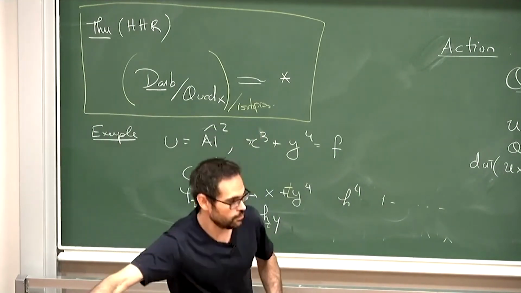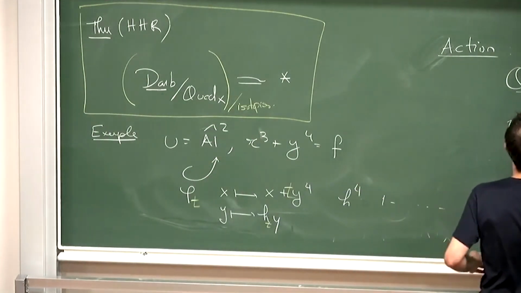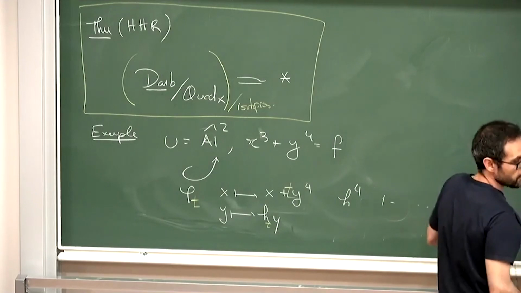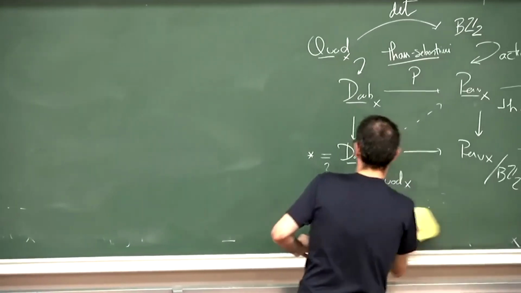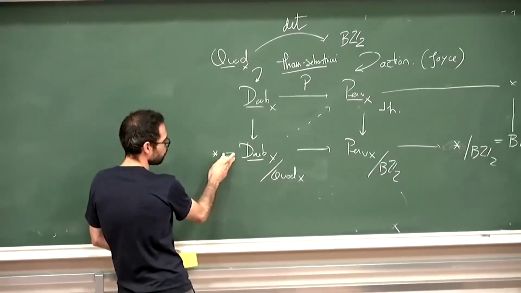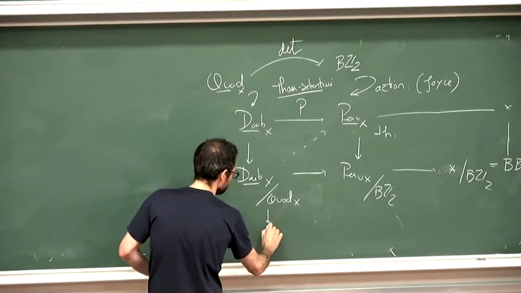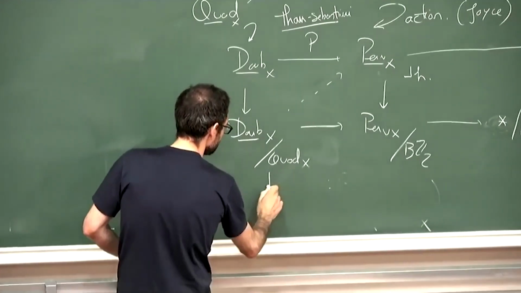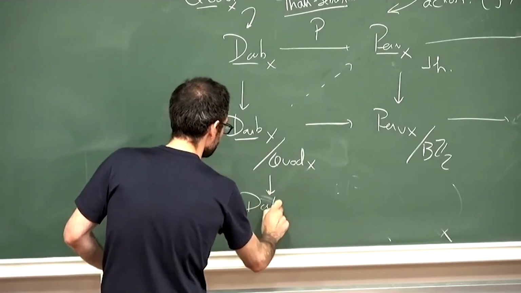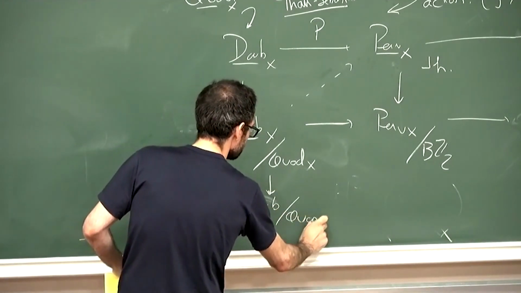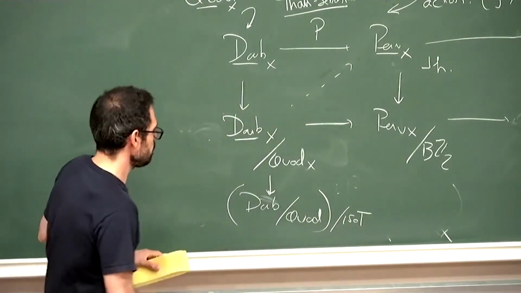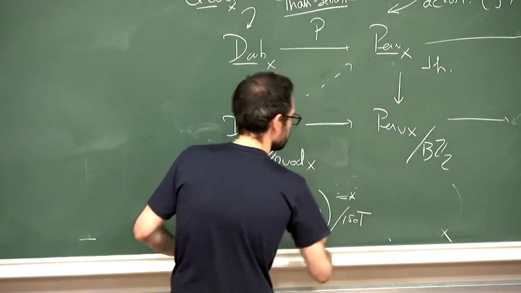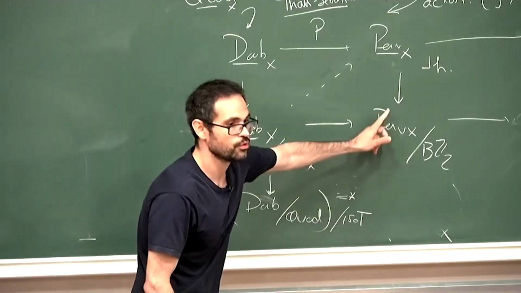So first of all, you can already see here, the theorem doesn't say that this is the point. There is a map to the point. But the theorem says that if I quotient by isotopies, then this is the point. So there is still the question of why this factors through isotopies.